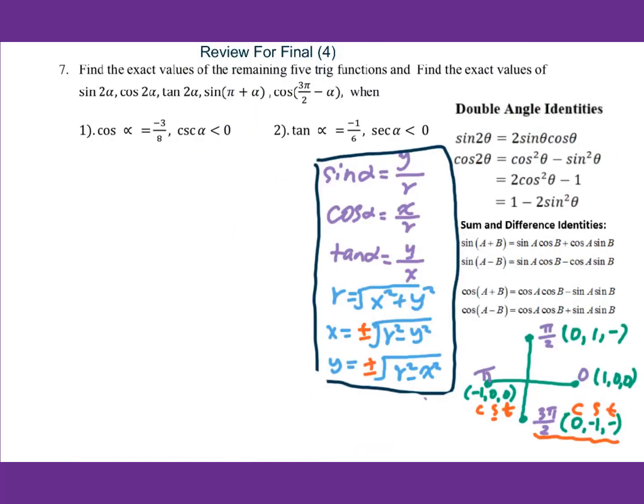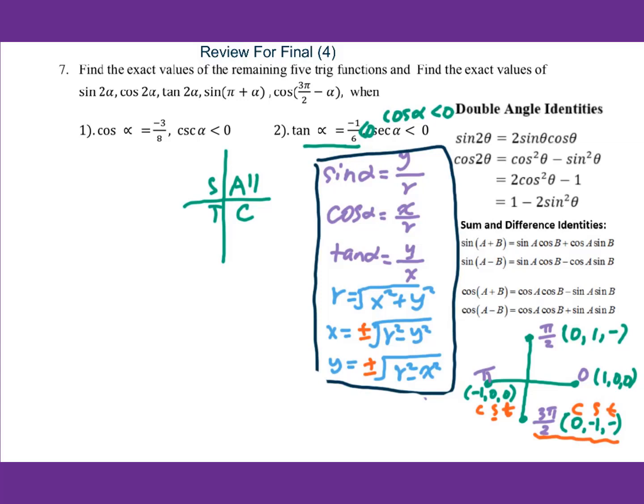Tangent alpha equals negative 1 over 6. That means less than 0. For secant alpha less than 0, that means cosine alpha less than 0. So we go to this quadrant. All students take calculus.